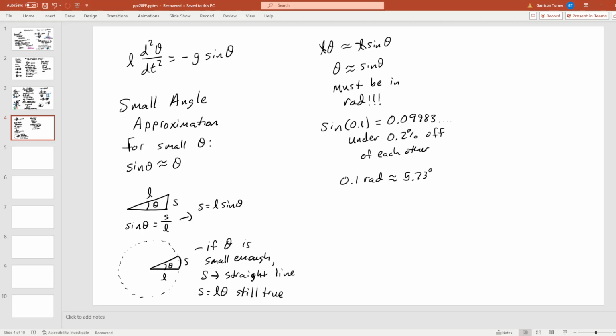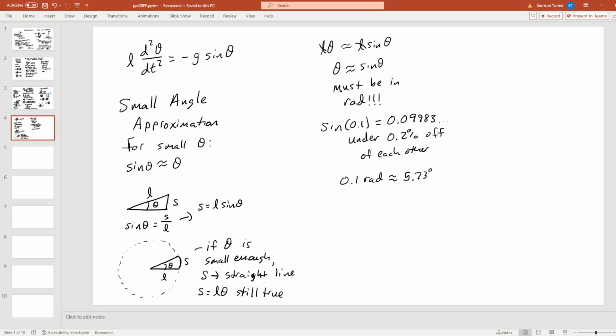So for small angles, like if I pull a pendulum back 5 degrees or 10 degrees, then I'm within this small angle regime and within the ability to measure things with typical stopwatches. I can't really measure differences of being off by 1% with a typical stopwatch with just a few trials.